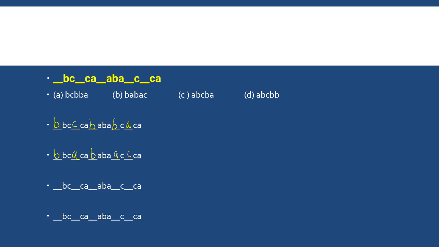Evaluating the third option and putting in the alphabets in the respective blanks. So now evaluating as a group of 2 alphabets or 3.